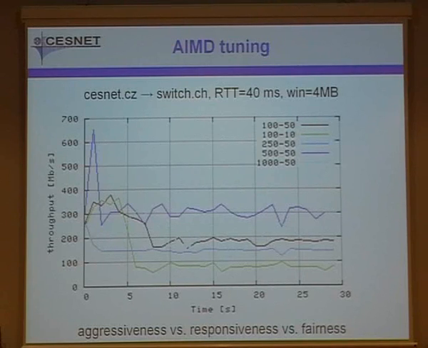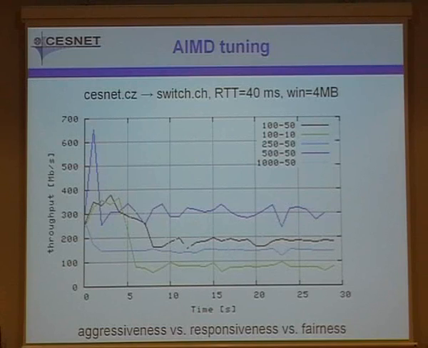In this test, we send the data from CESNET in Czech Republic to Switch in Switzerland over a path which had a round trip time of 40 milliseconds, which required setting socket buffers to about 4 megabytes. And you can see that after a few seconds, connections stabilized on different throughputs for different parameters of congestion control.